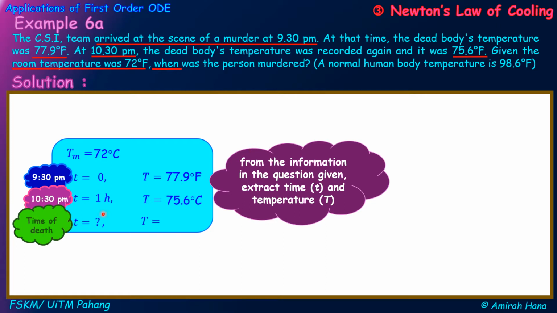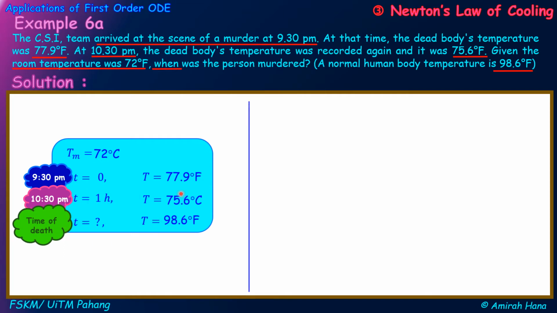This is the time of death. And 98.6 degrees Fahrenheit is the temperature when the person died.